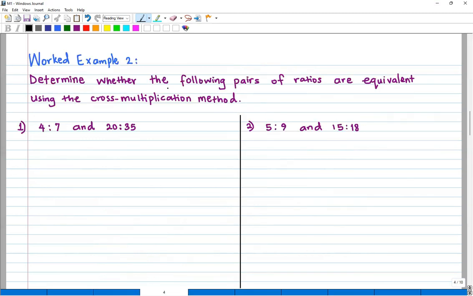Determine whether the following pairs of ratios are equivalent using the cross multiplication method. Okay. Now, let's have 4 out of 7.